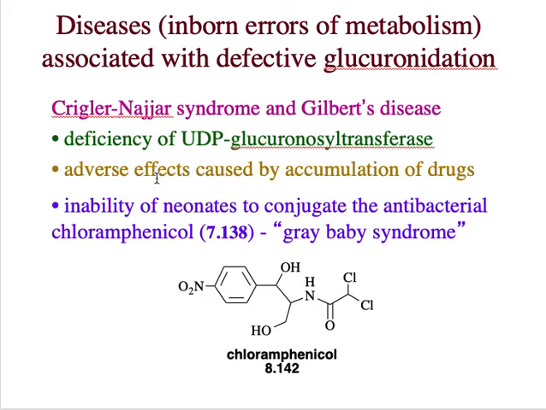If you have a problem with this, you will generally notice it really early on in life, because this is going to affect both drug accumulation and your body's ability to live, basically. And so these kinds of inborn diseases are generally detected early.